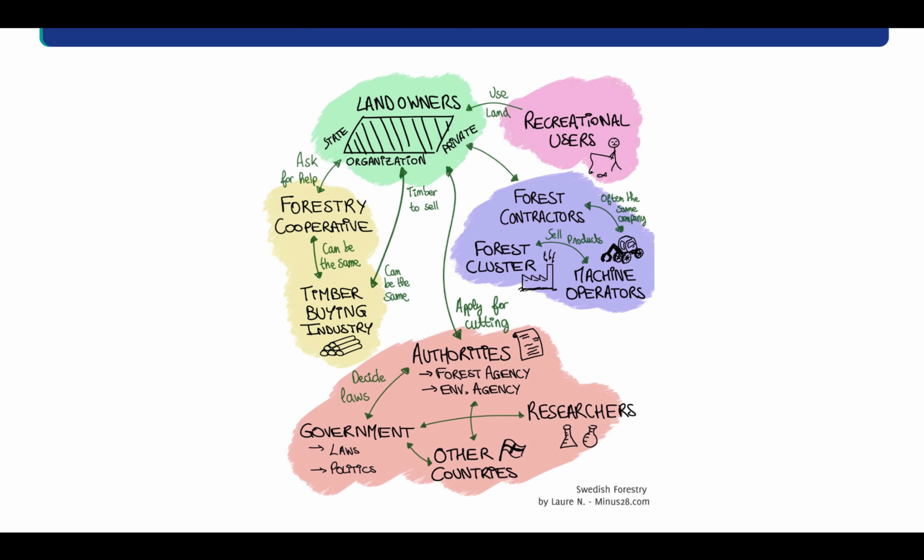And by having a map like this, if I want to learn more about Swedish forestry, I could already take some decisions: okay, I'm going to talk to landowners and see how they manage the forests.